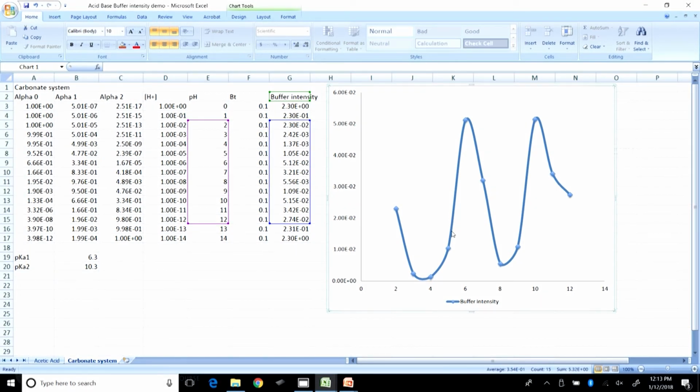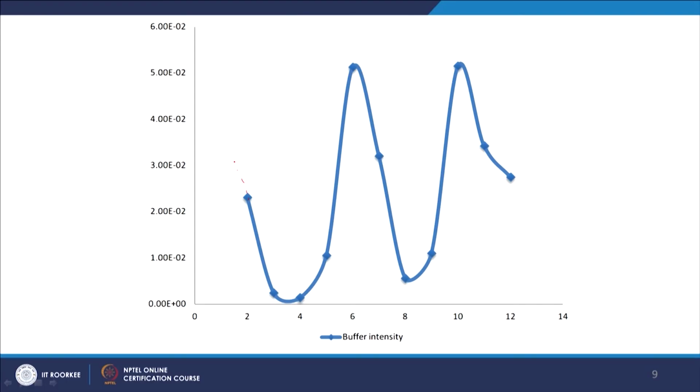I think I have that in my particular slide, so let's go back to the slide. So this is going to go up like this, and this too will again go up like this till 14. So again, what are the cases we are going to look at? When pH is equal to pKa 1, and also when pH is equal to pKa 2.